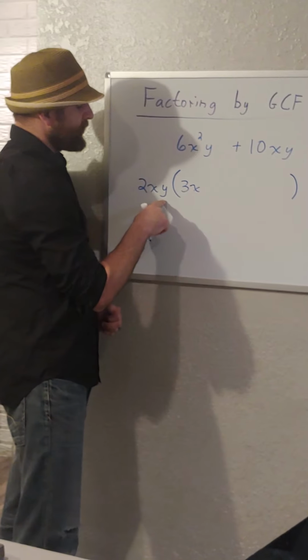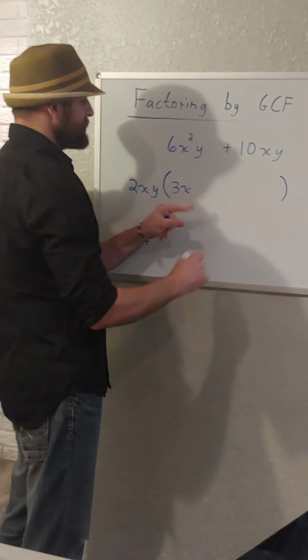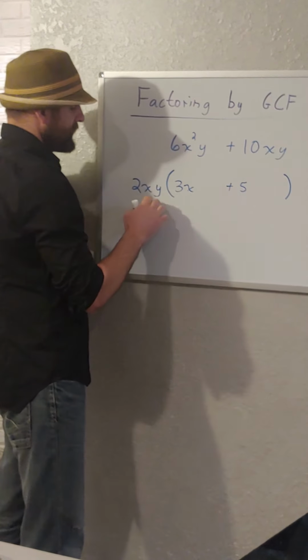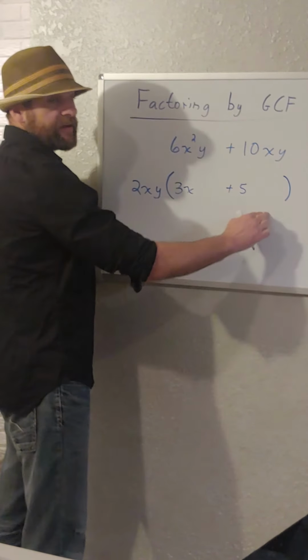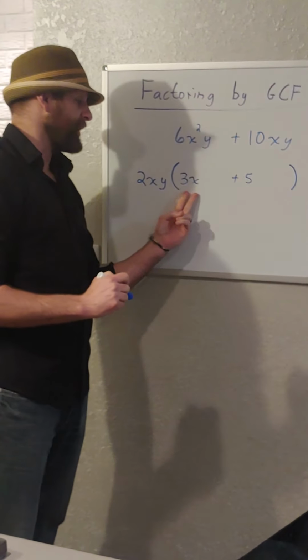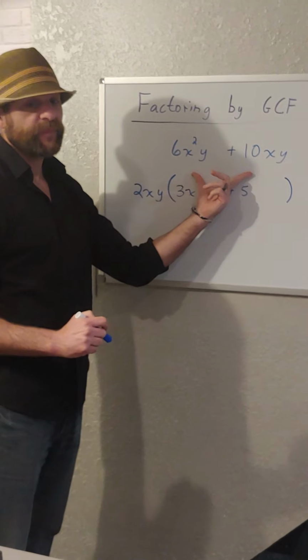And we don't need another y because we're good with our y's there. We know that 2 times positive 5 will get us to 10. And since they both end with an x and a y, that's all I need there. So in other words, if you do the distributive property with this right here, you should get this right here.